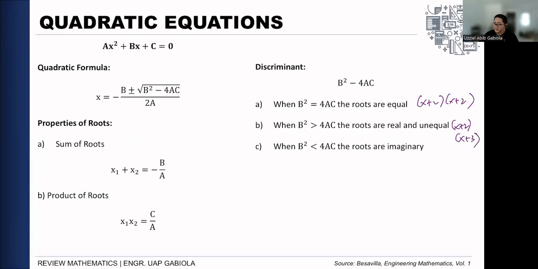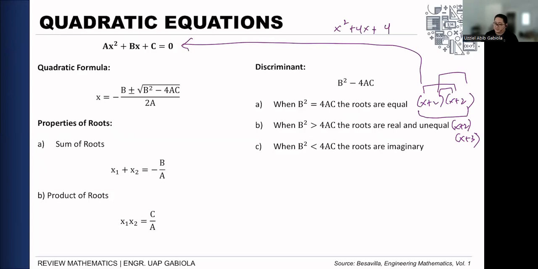Kapag finoil method natin, mag-a-arrive ka dito sa quadratic equation natin, which is x squared plus 4x plus 4. Okay? Na dito, ang a niya is 1, ang b niya is 4, ang c niya ay 4.